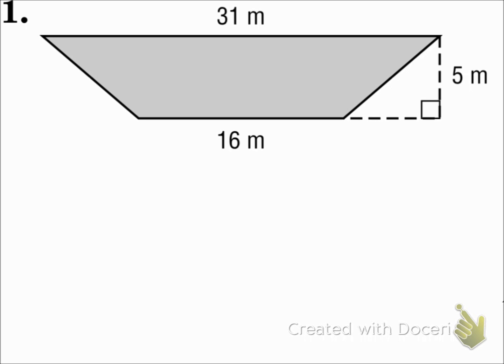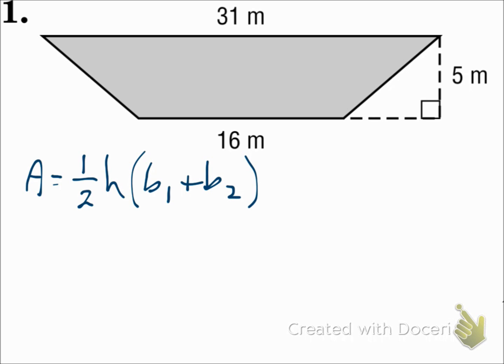Number 1, we have a trapezoid. So we will use the formula for the area of a trapezoid, which is half height times the sum of the bases. Substitute in the values and solve.